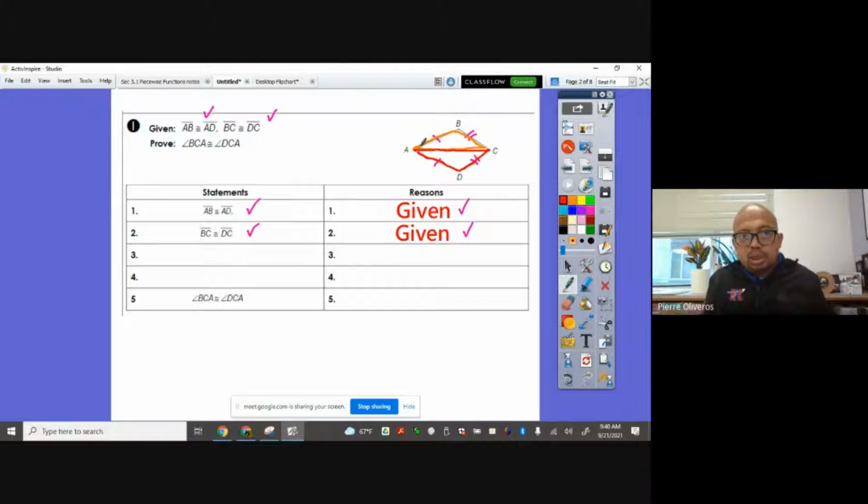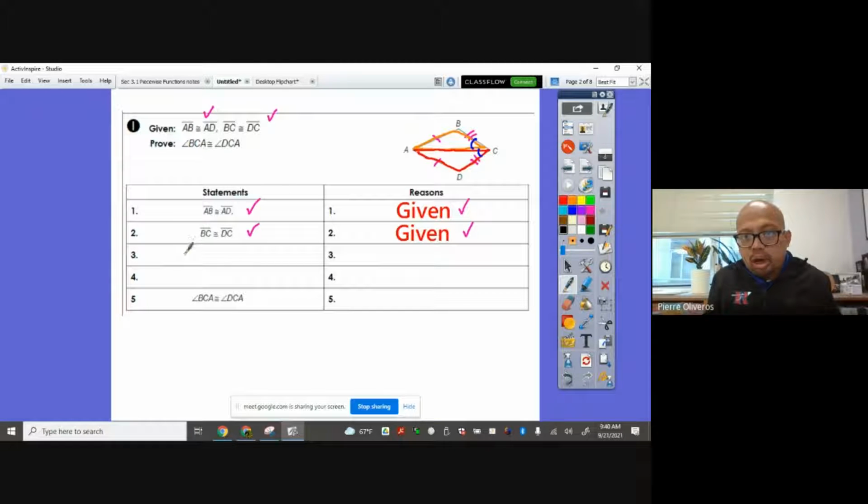My goal is to prove that angle BCA, this angle here, and DCA, this blue angle here, are congruent. But in order for me to prove that, I have to find a way that the two triangles, orange and red, are congruent. Looking at the picture, and I've used all the given already, I know that the orange triangle and red triangle are sharing the same side.